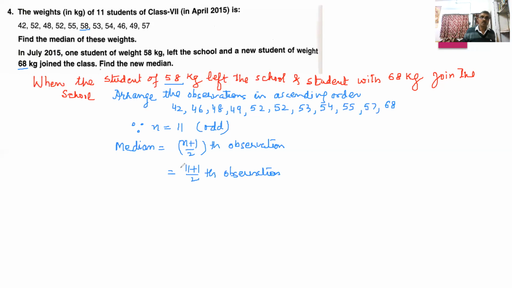That is 11 plus 1, कितने हुए 12, 12 by 2, that is 6. Therefore, sixth observation.